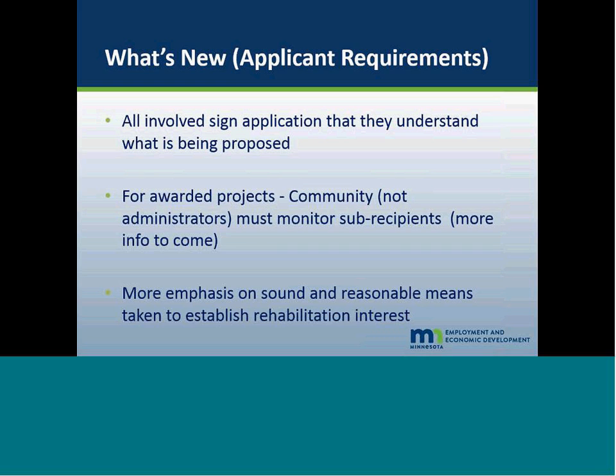We're aware that surveys are distributed, that you often distribute surveys to determine the interest. But we need to know more than their interest levels. That they understand what small cities funds can be used for. If it's commercial, do they understand Davis-Bacon and historic requirements. It's not just raising their hand at a business or chamber meeting.